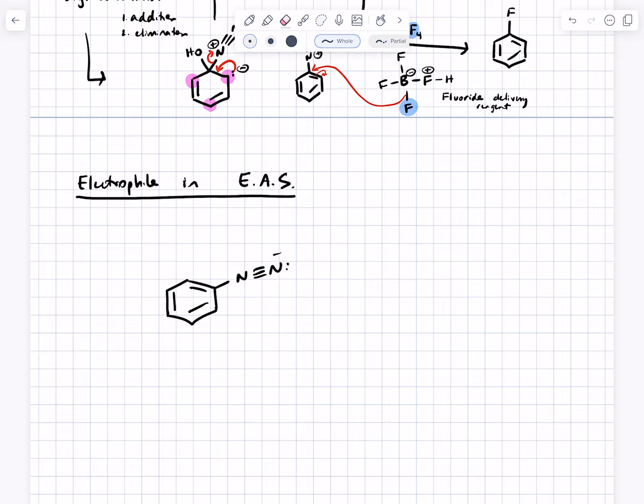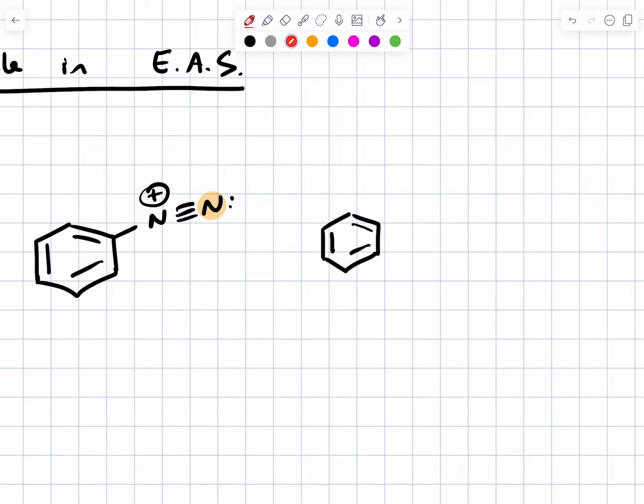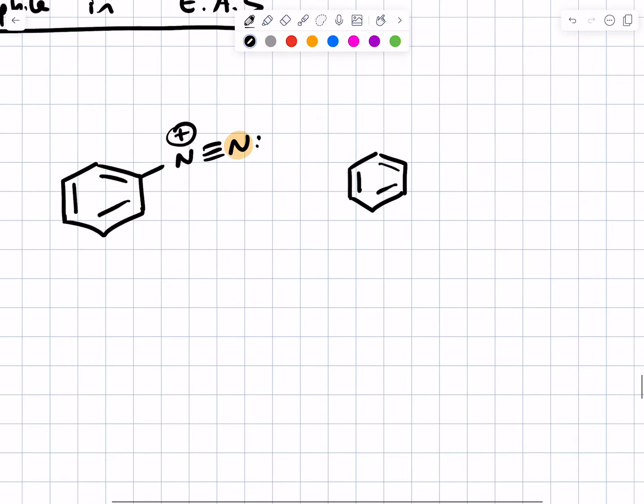Oops, I put the formal charge in the wrong place. There we go. This diazonium salt is also electrophilic on this nitrogen. In the same way that a protonated carbonyl, an oxonium ion, is electrophilic on the carbon, I could draw a resonance structure of the aryl diazonium salt in which I had a positive charge.